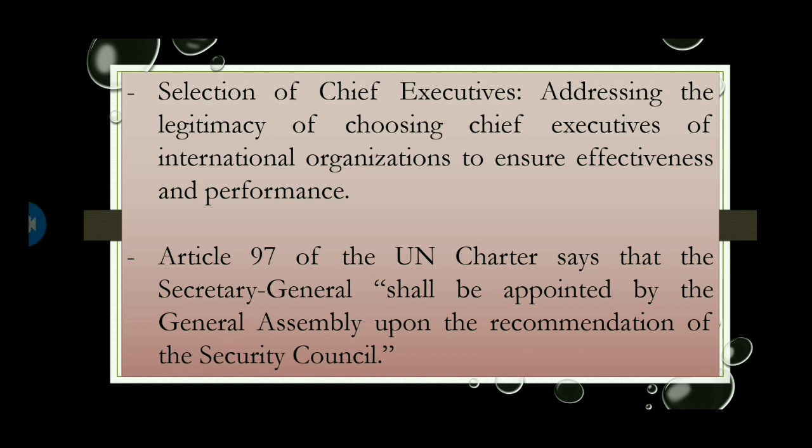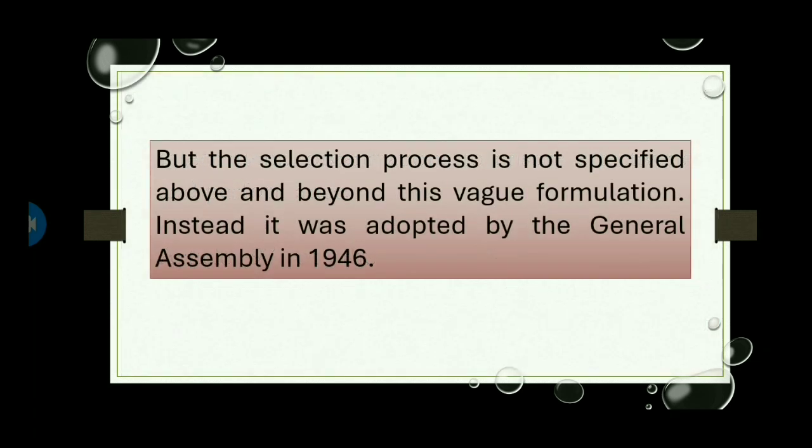Secretary General kuno shall be appointed by the General Assembly. When you say appointed, it is chosen for a job, which is by the General Assembly upon the recommendation of the Security Council. But the selection process is not specified above and beyond this vague formulation. Instead, it was adopted by the General Assembly in 1946.